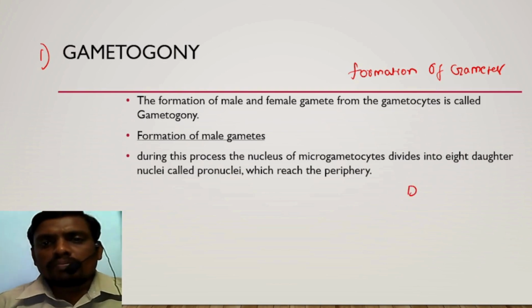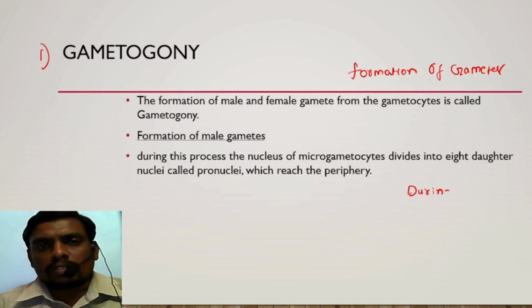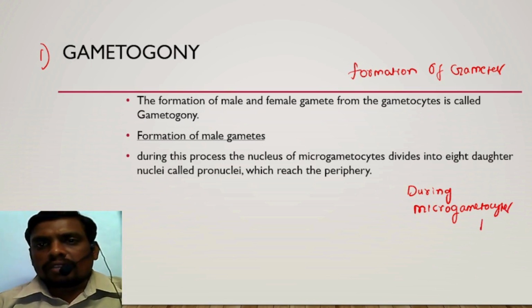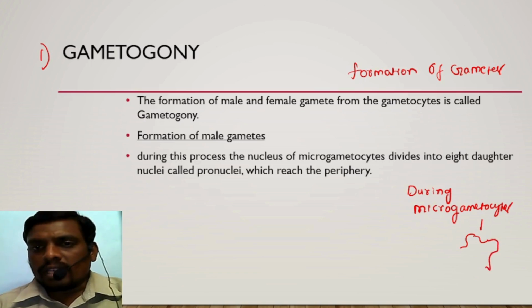During the formation of male gametes, the nucleus of the microgametocyte divides into 8 daughter nuclei, which are called pronuclei, which reach the periphery.